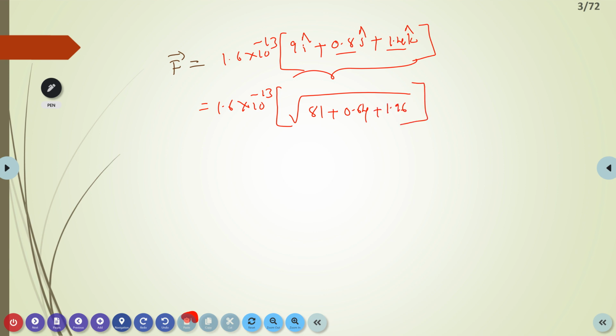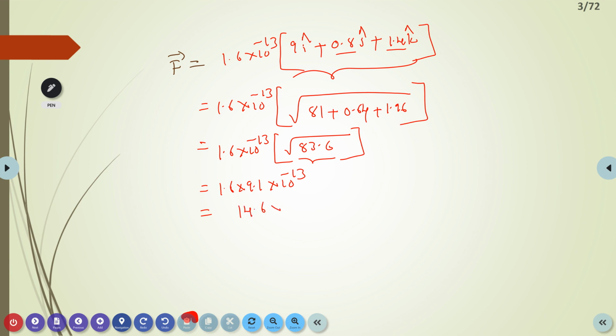By adding all these, you get the square root of 83.6, which roughly comes around 9.1. So 1.6 into 9.1 into 10 to the power of minus 13 comes around 14.6 into 10 to the power of minus 13 Newton. This is the force acting on the proton.